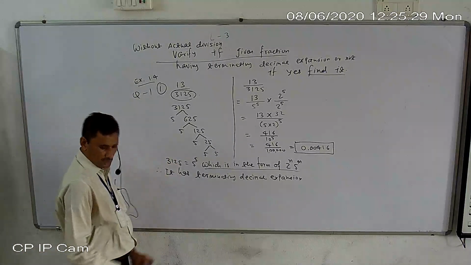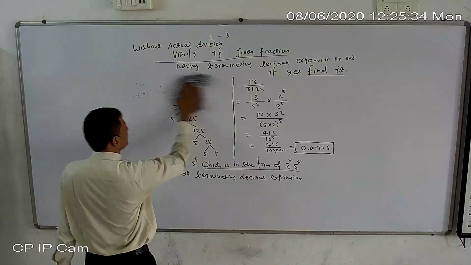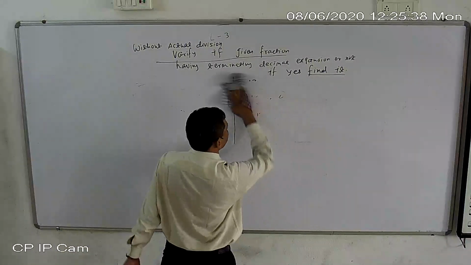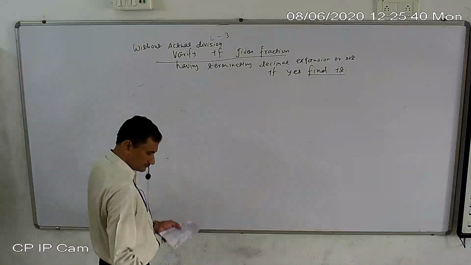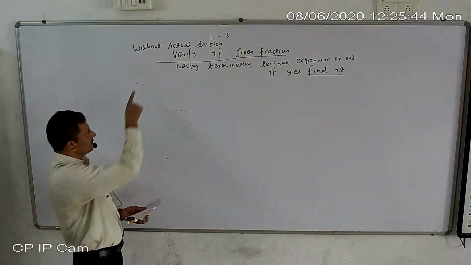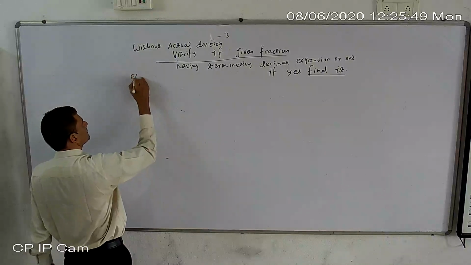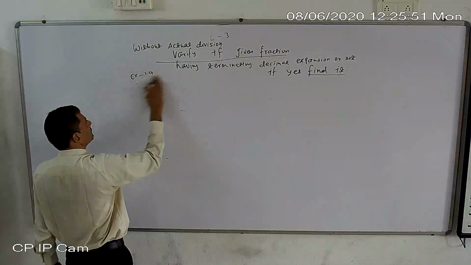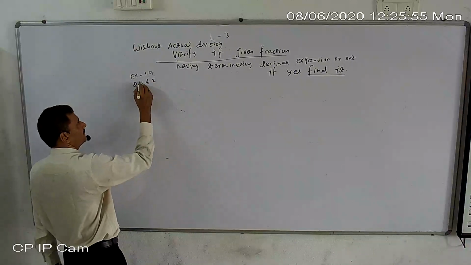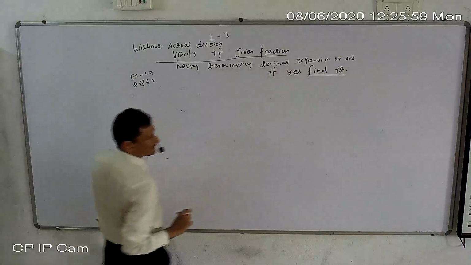Now we solve one more sum so that you can understand it very well. One main point: this is from exercise 1.4, related to question number 1, not only question number 1 but 2 also. In question number 1 they ask first whether it has a terminating decimal expansion or not.